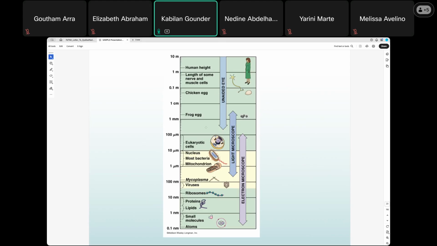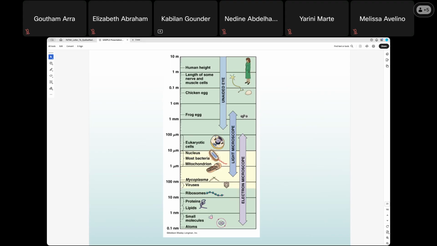If it is smaller than this size, then you need light microscopy. With light microscopy, you can observe eukaryotic cells, the nucleus, and most bacteria. You can see mitochondria, and you can also try to see mycoplasma through the light microscope. If you really want to see viruses, proteins, lipids, small molecules, atoms, ribosomes, endoplasmic reticulum, you cannot do it in light microscopy.